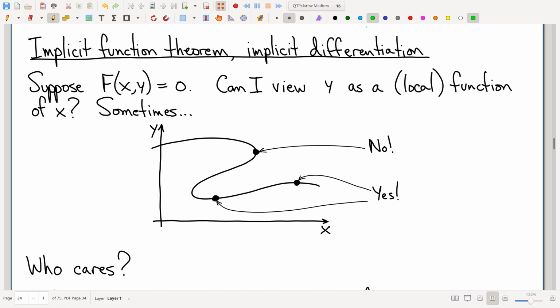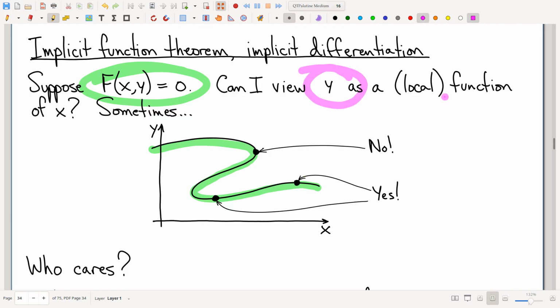So anyway, here's the big question. Suppose you have a curve, in particular a level set in the plane. We're going to stick to two variables for this quick moment. Can I view this level set as being a graph? Can I view y as being a function of x? And now I do have to talk about an important detail.